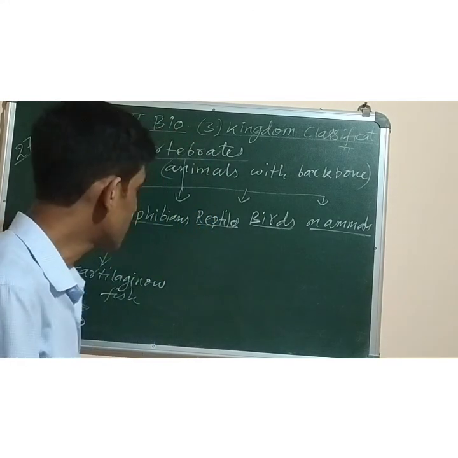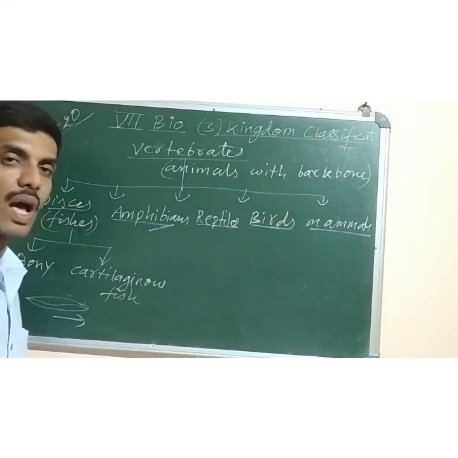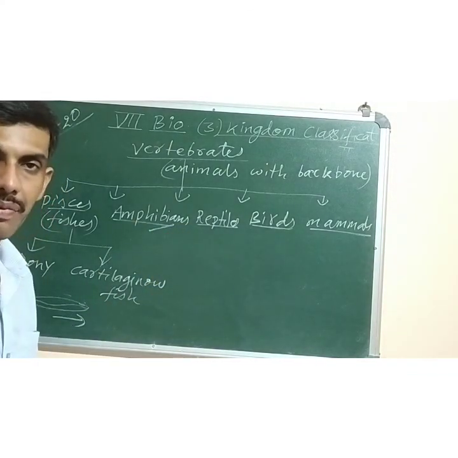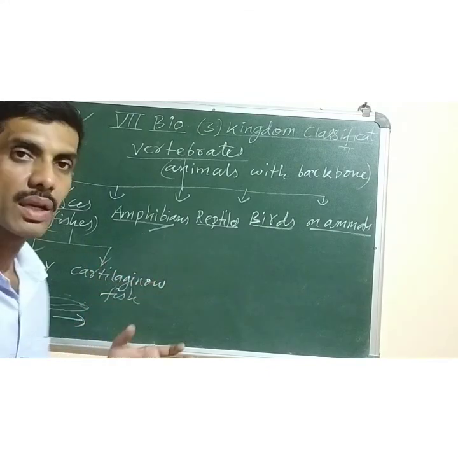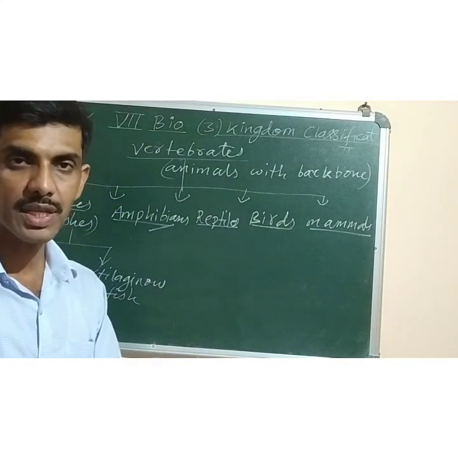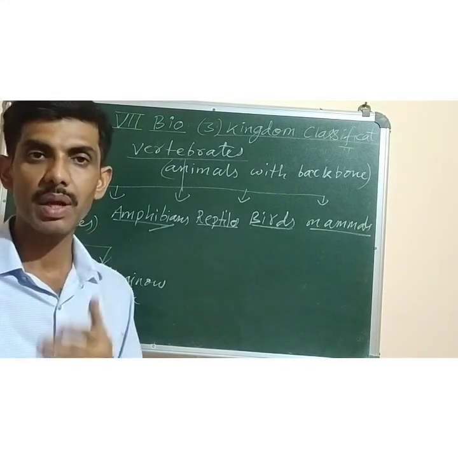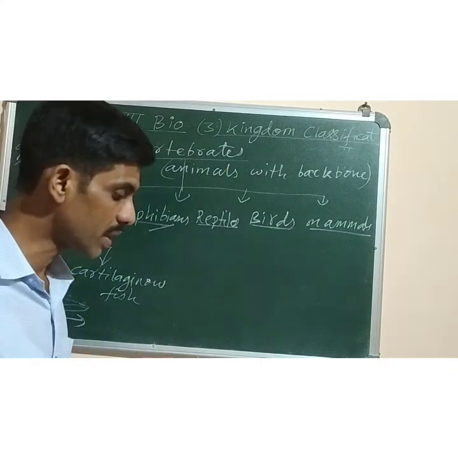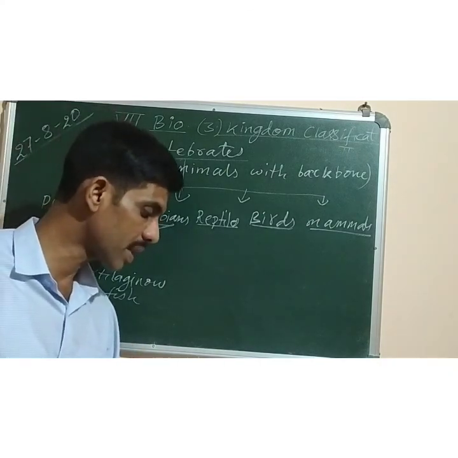Now next we have the amphibians. Amphibians are those animals which can live both on land as well as water. Example, frogs. And they can breathe in 3 different ways, that is with the help of their skin, which is called cutaneous respiration. They can also breathe from their mouth, which is called buccopharyngeal respiration, or they can also breathe with the help of their lungs, which is called pulmonary respiration.